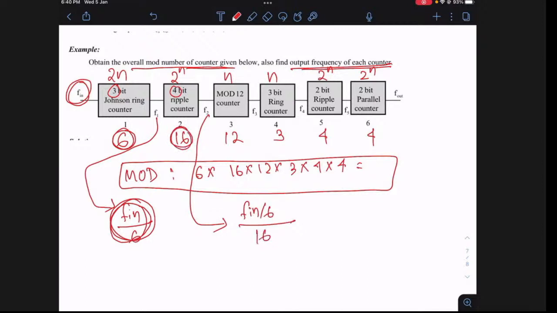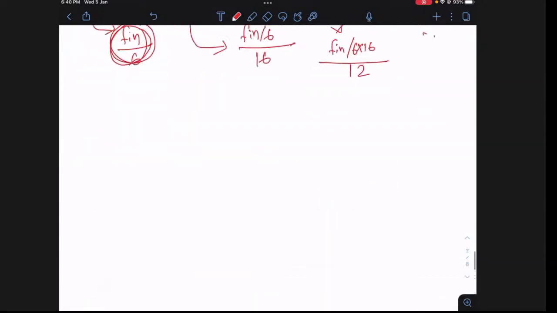For the next, the input frequency is Fin divided by 6 into 16, divided by its mod number 12, and so on and so forth. So you can find the frequency of each counter this way. Hopefully this logic is clear, right?